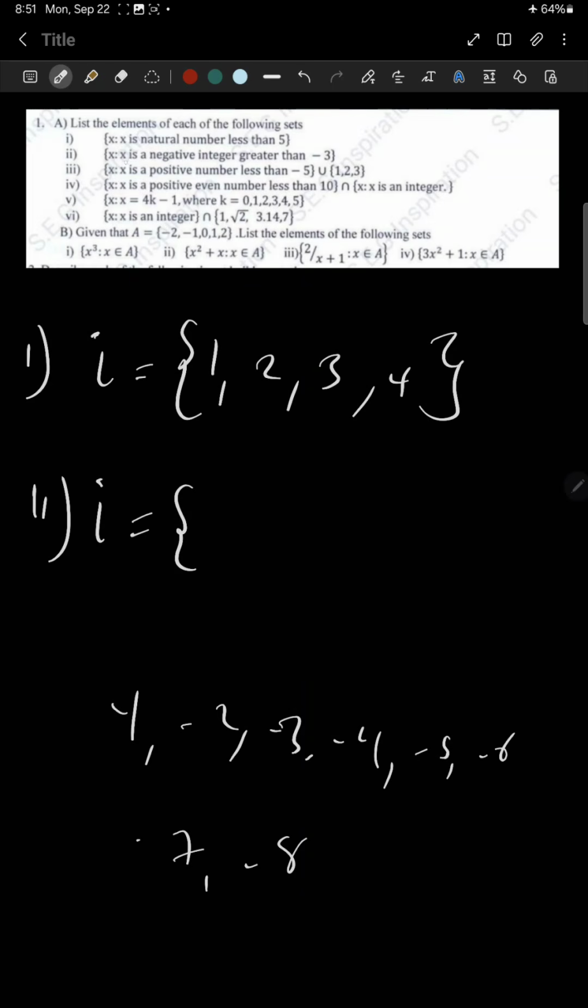So looking at x is a negative integer greater than -3. What are those negative integers which are greater than -3? Is -4 greater than -3? No. So we're looking at -1 and -2.